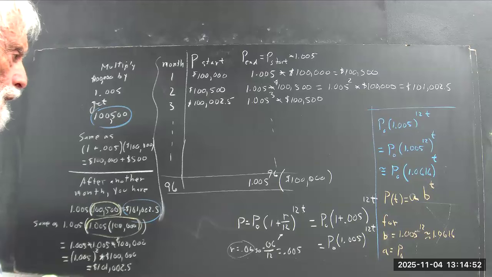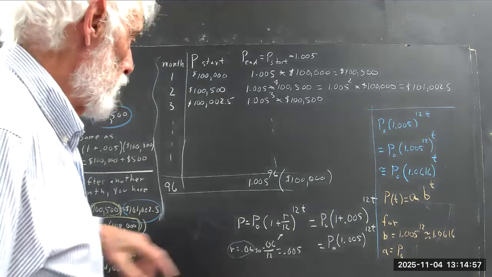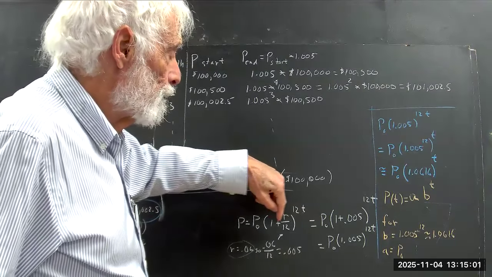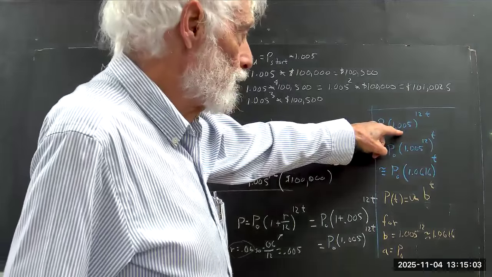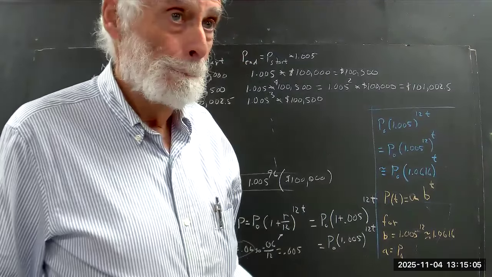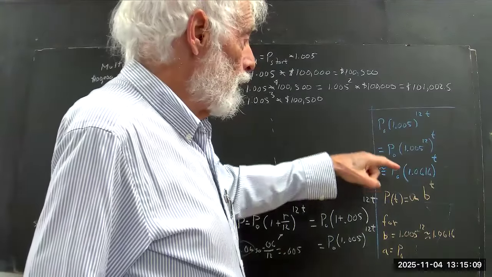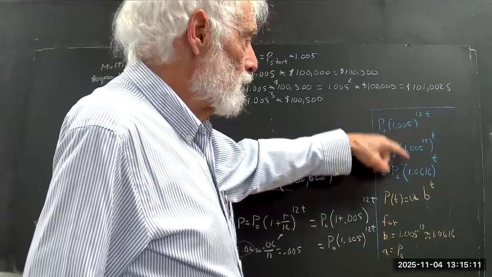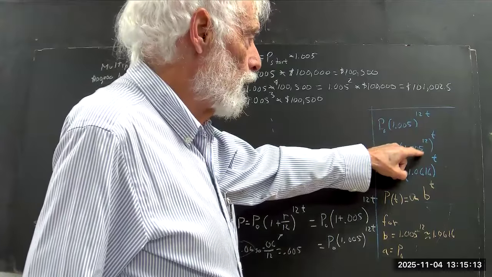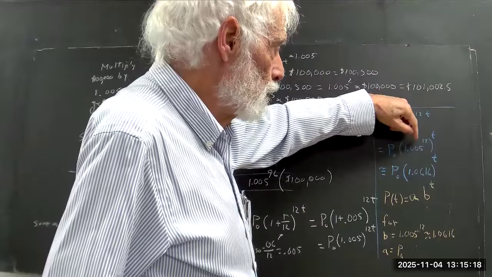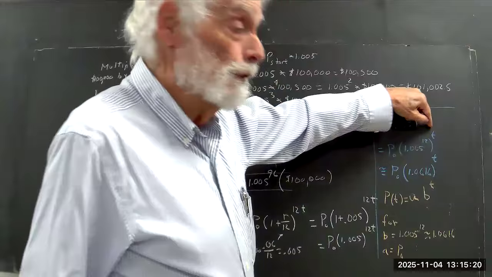I'm not sure we even did it. I guess we didn't. Anyhow, okay. We compare what you get with this formula, which just comes down to this, okay? And the 12 T's up here, that we calculated 1.005 to the 12. 1.005 to the 12T is the same as 1.005 to the 12th raised to the T power.